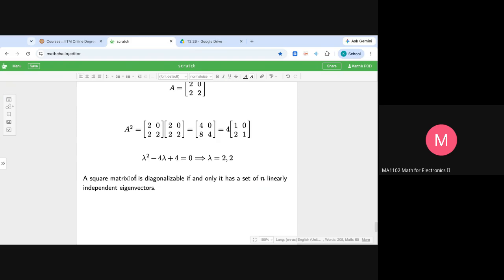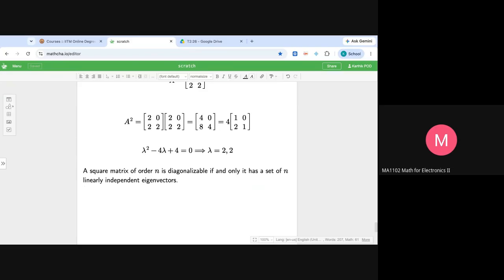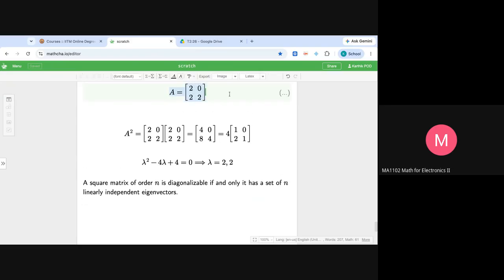A square matrix of order n is diagonalizable if and only if it has a set of n linearly independent eigenvectors. For the eigenvalue 2, since that is the only eigenvalue available, we should be able to find two linearly independent eigenvectors for it to be diagonalizable.